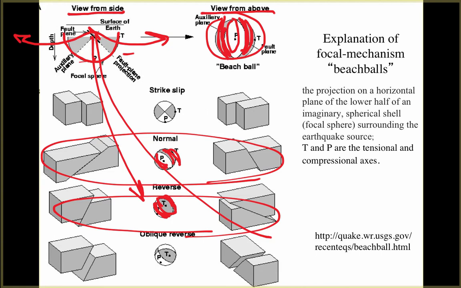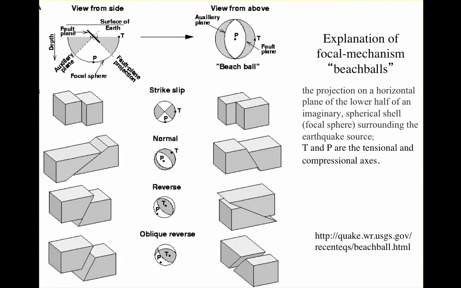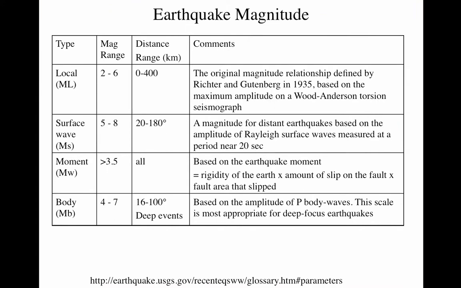Strike-slip faults will have their own characteristic pattern, in this case for a vertical strike-slip fault, across. This gives you a sense of the way in which we can recognize for each earthquake whether it represents an extensional or compressional event.